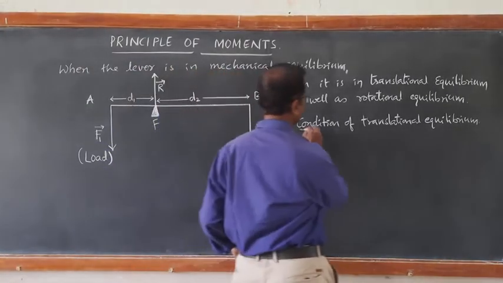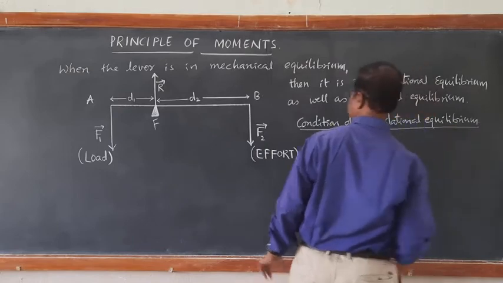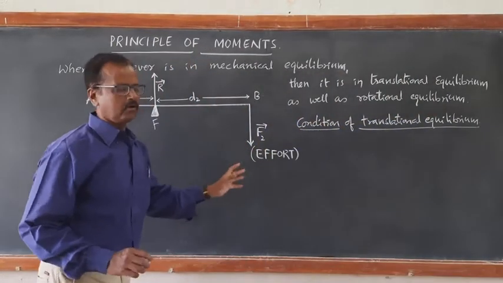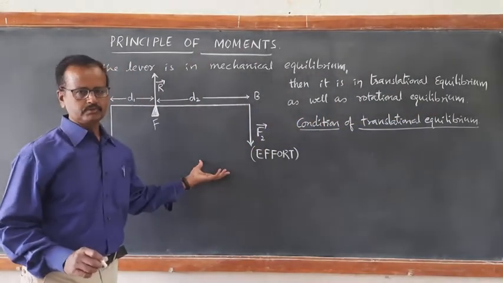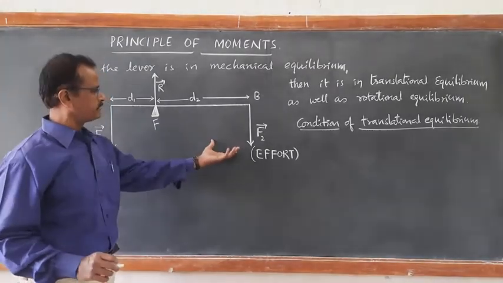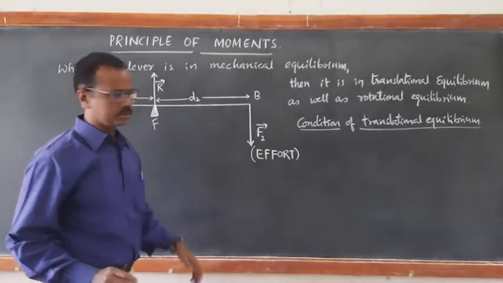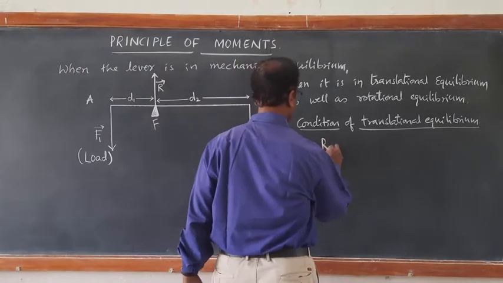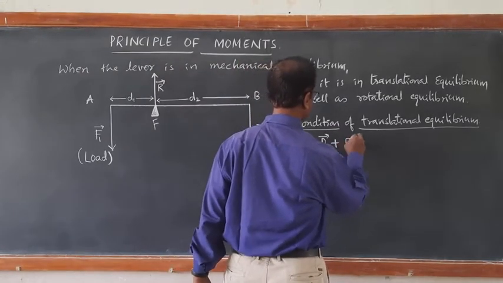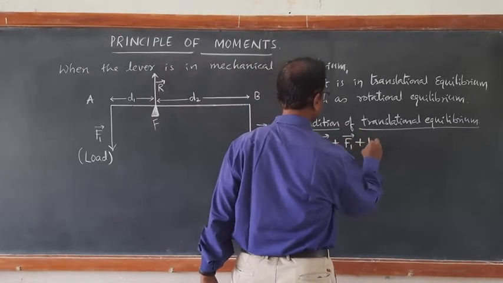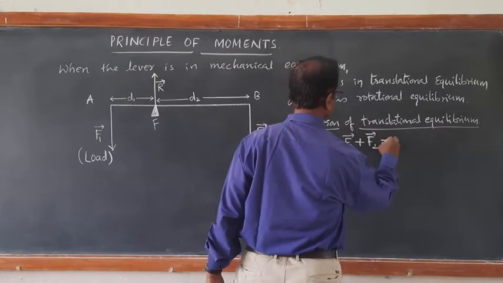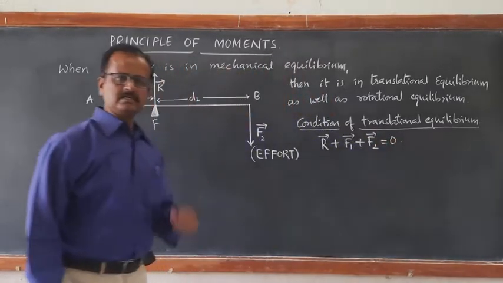The condition of translational equilibrium: the sum of all the forces must be equal to 0. Vector F1 plus vector F2 plus vector R must be equal to 0. So vector R plus vector F1 plus vector F2 equals 0. This is the condition of translational equilibrium.